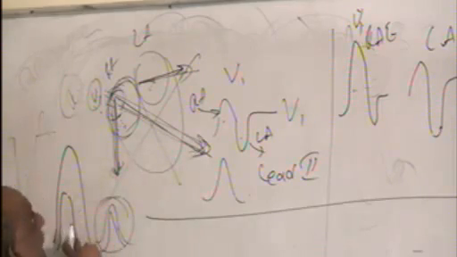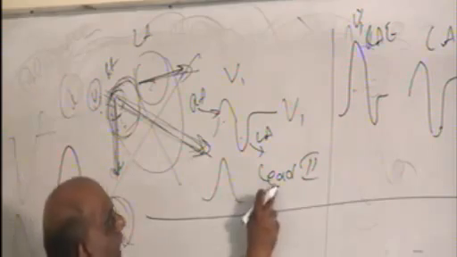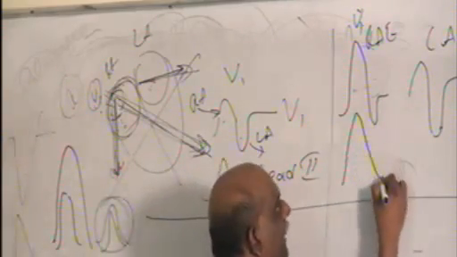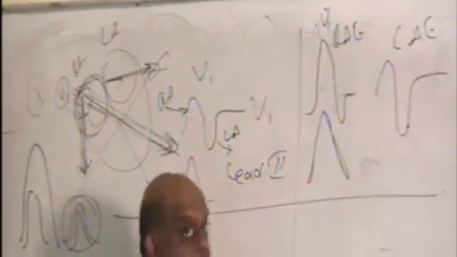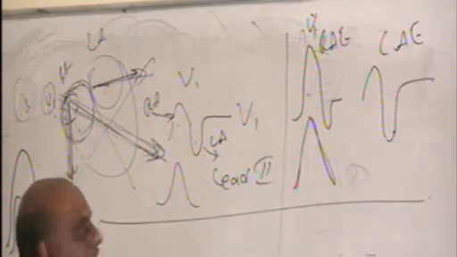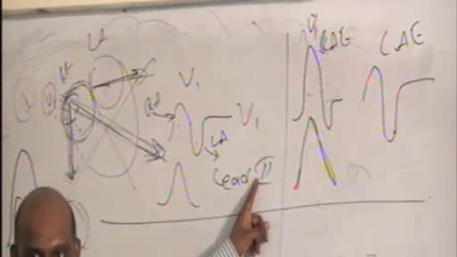So if there is a right atrial enlargement, lead 2 will show a positive P only, but a significantly prominent, high voltage P wave is what you see in lead 2.